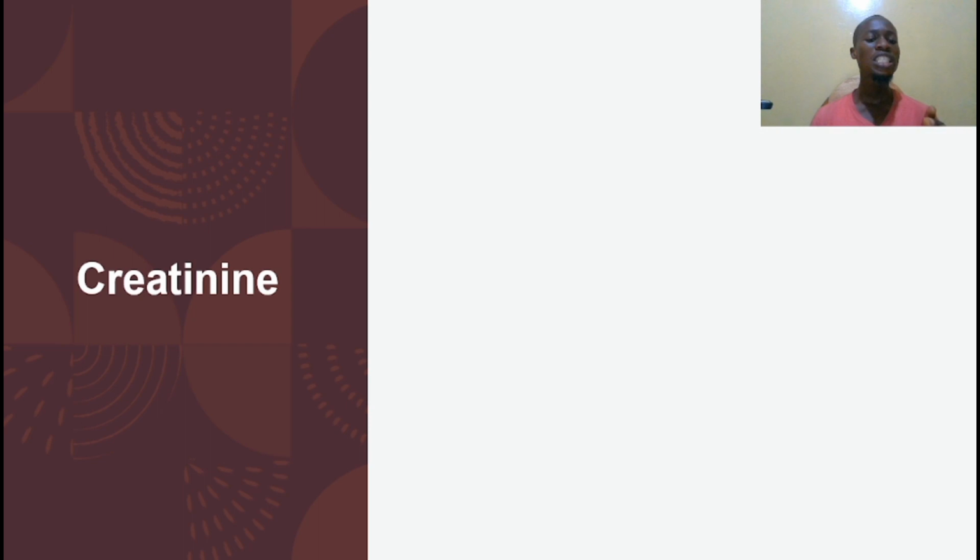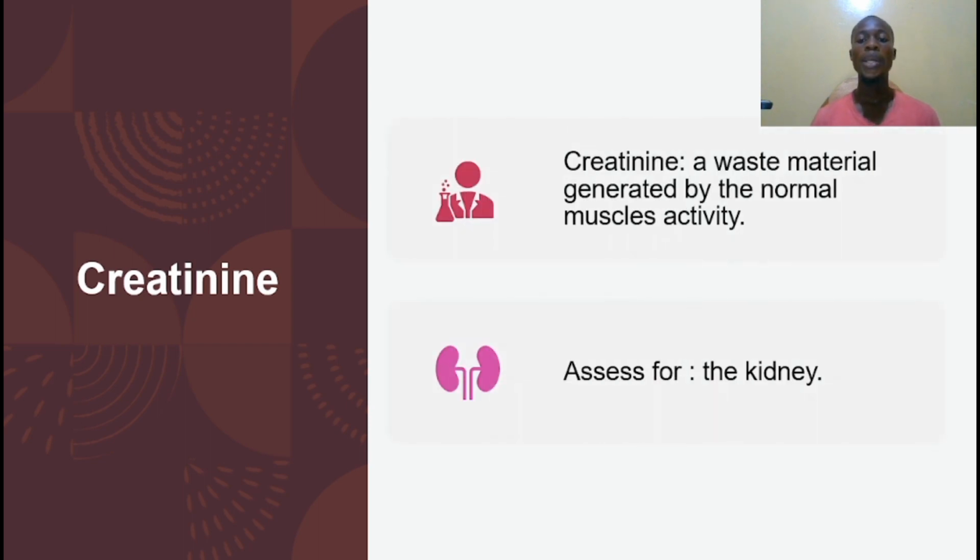So the last one is creatinine. Creatinine is a waste material generated by normal muscle activities. So all muscle activity, whether you are contracting or you are releasing your muscles, the byproduct of all muscular activity is a product called creatinine.